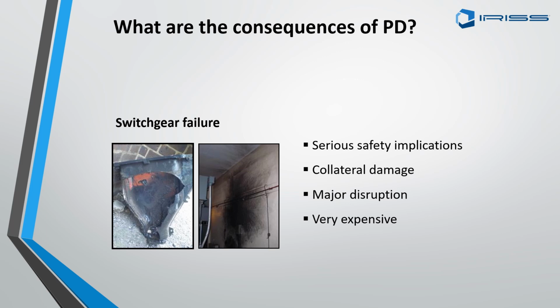So it's not just the component that started out with this little defect that is impacted. It can be a much larger instance of equipment that fails as a result.